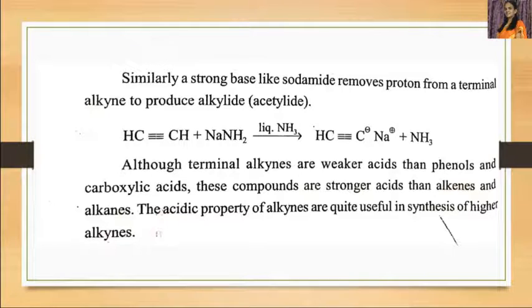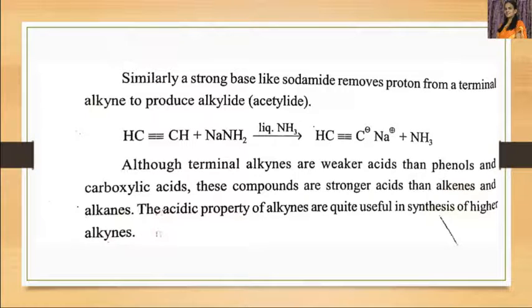When it is treated with another base like sodium amide in liquid ammonia, it also removes this H plus. Thus, acetylene is also acting as an acid in presence of a strong base like sodium amide. Sodium acetylide is the product, and the other product is NH2 and this H in the form of NH3. So this is about the acidic nature of acetylene.